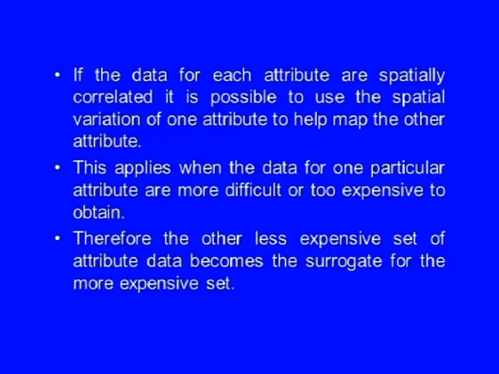This applies when the data for one particular attribute are more difficult or too expensive to obtain. Therefore, the other, less expensive set of attribute data becomes the surrogate for the most expensive data set.